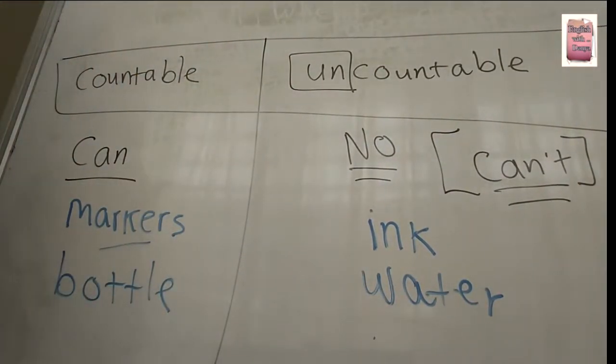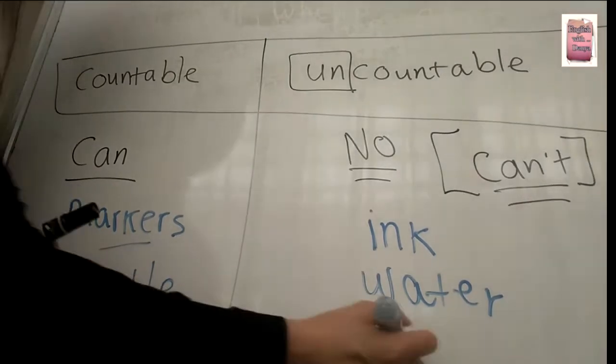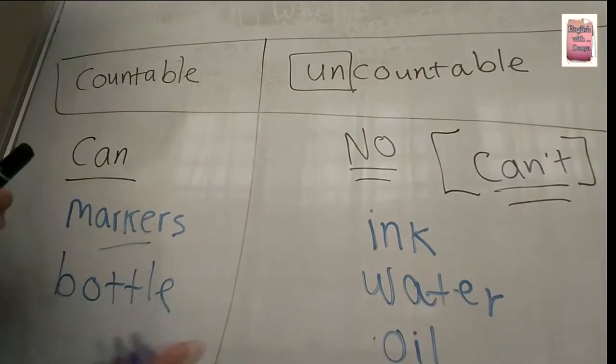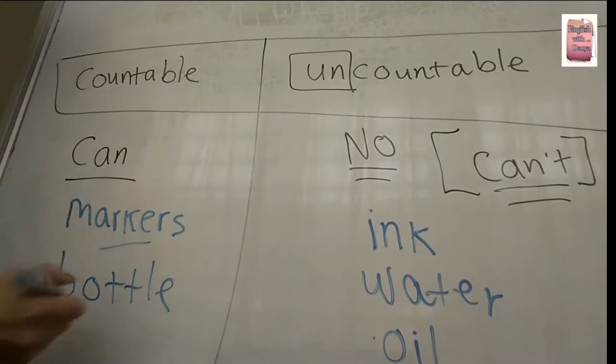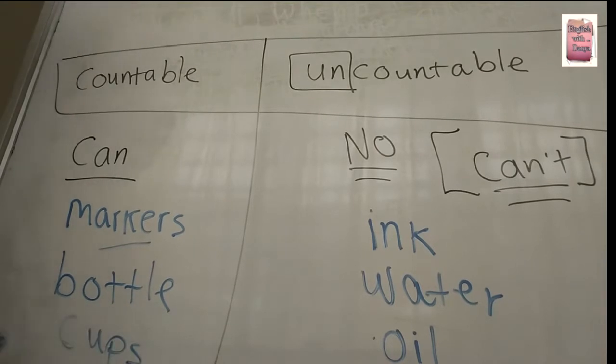Meaning that when it comes to liquid, here we have ink, we have water, we have, for example, oil. Is it possible to count oil? Can we tell how many drops of oil? No, we can't. But we can count if you have the water in a cup; we can say cups of water.